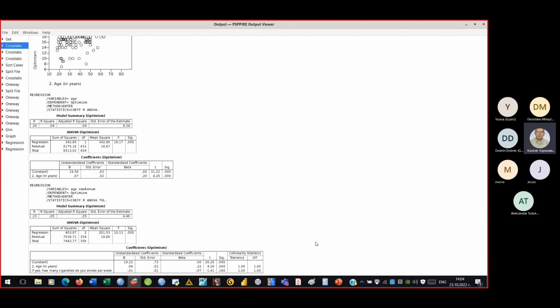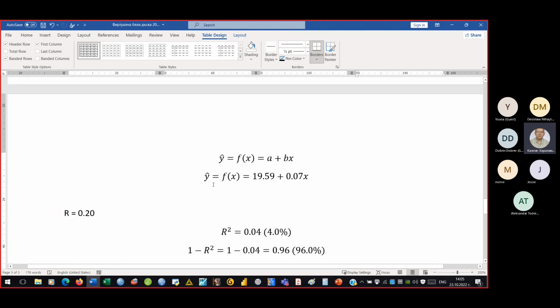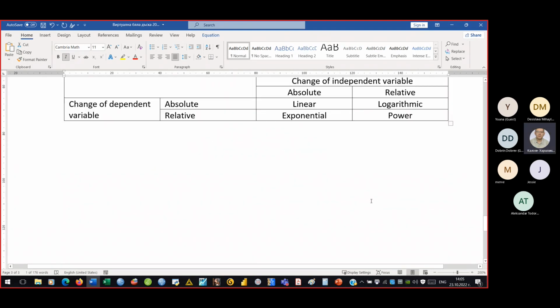And now, the next step is to make an interpretation of the coefficients. So I will write the new model. The model with one independent variable was this.